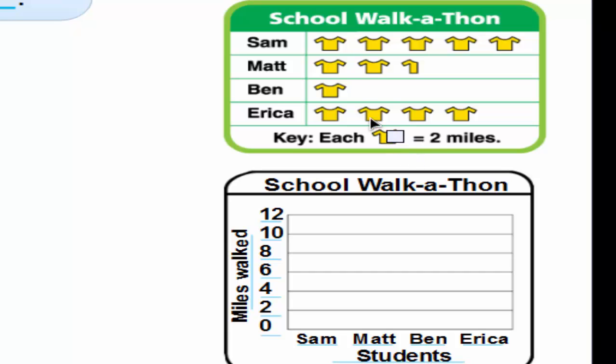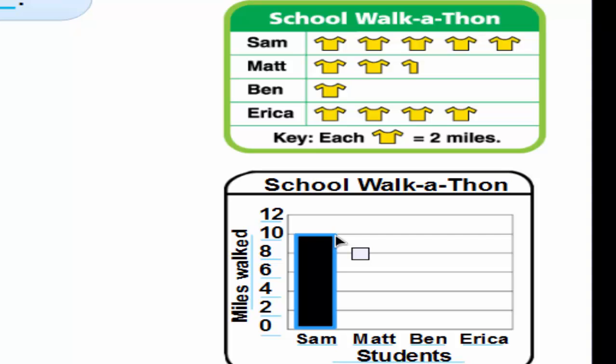I must count by 2s. Let's try that again. So for Sam, it's 2, 4, 6, 8, 10. Okay, so I start at the 0 and I make a vertical bar for Sam up to the 10 line to represent 10 miles.